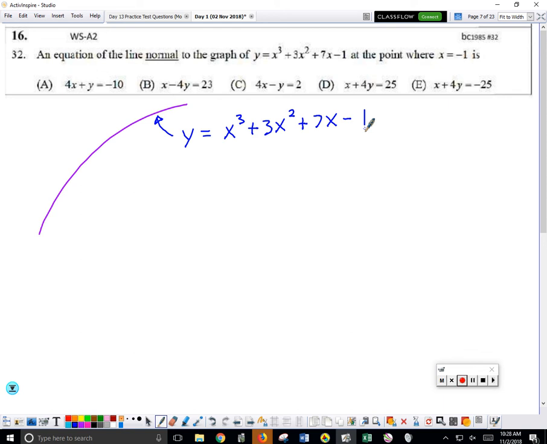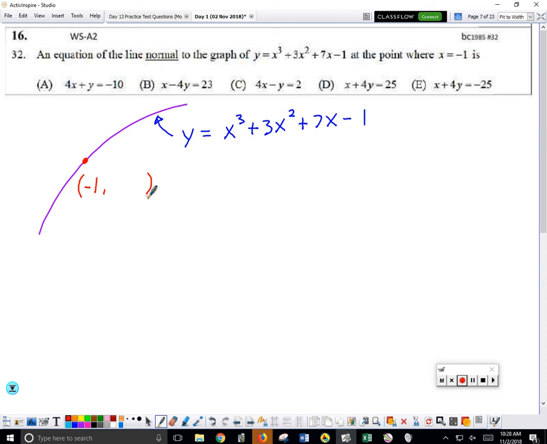Equation of a line normal to the curve at the point where x is -1. So there's a point somewhere on the curve whose x-coordinate is -1. Now they don't tell me the y-coordinate.